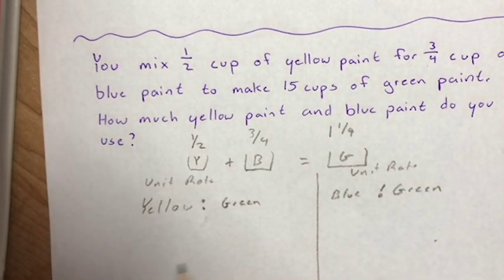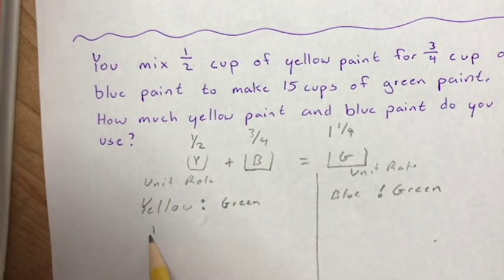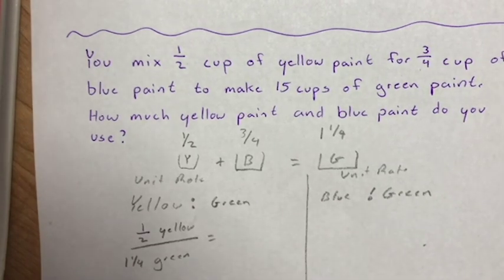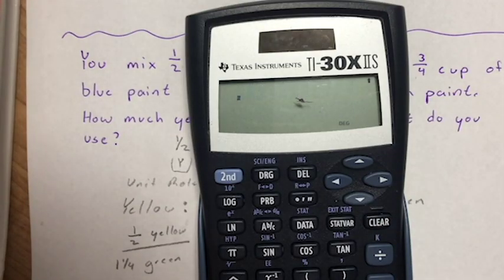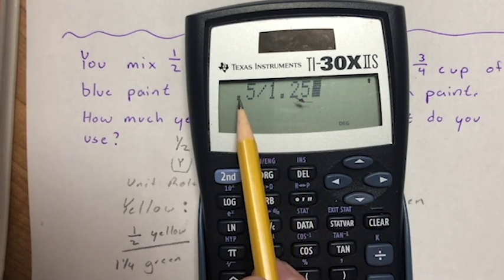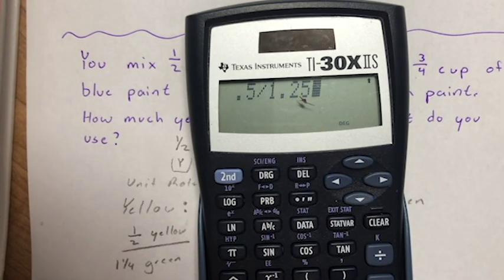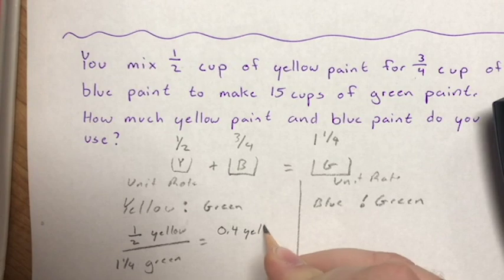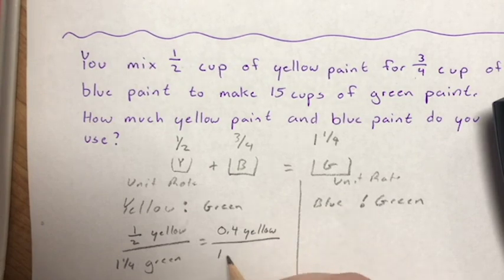So what do I know? I know that it takes 1/2 cup of yellow to make 1 1/4 cup of green. And I can find a unit rate with this. I could say 0.5 divided by 1.25, which we know is 1/2 divided by 1 1/4. And I get that my unit rate for yellow is 0.4 yellow for 1 cup of green.